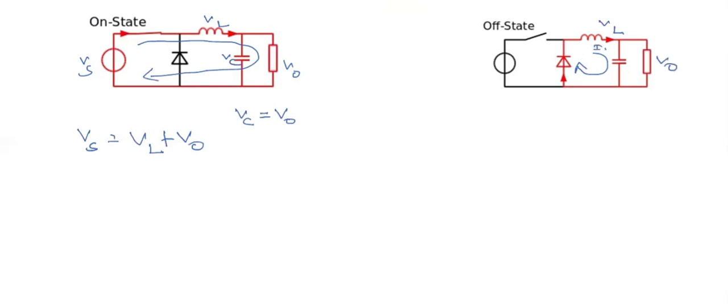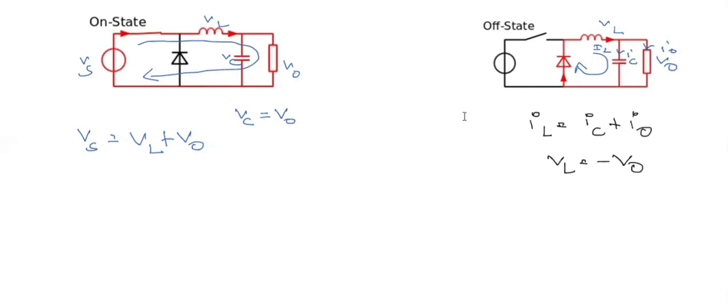This will be IL, this will be IC, and this will be I naught. Then what will be the value of current? Writing KCL, the current IL will be IC plus I naught, and VL will be equal to minus V naught here, because only this circuit is coming into effect.